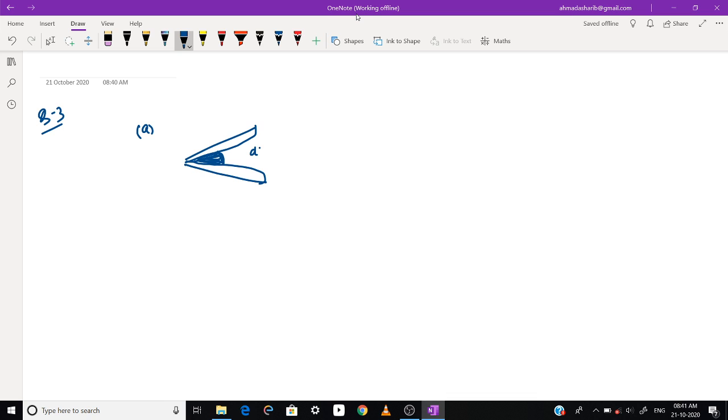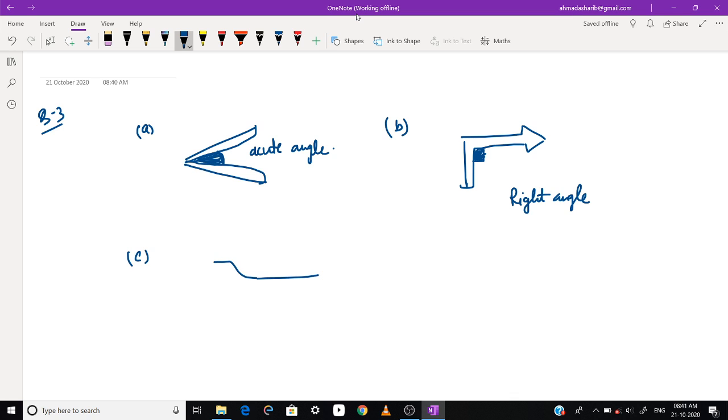This is an acute angle, because this is less than 90. Okay, now the next shape is this shape. Okay, so this is a right angle, 90-degree L shape. So this is a right angle, right angle. Now shape C, this is an aeroplane, and the tail of the aeroplane.